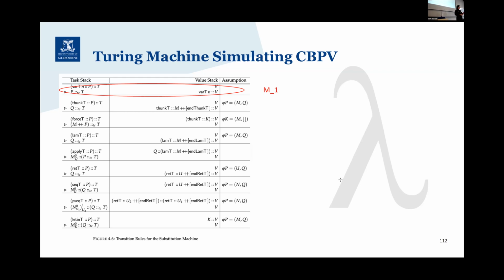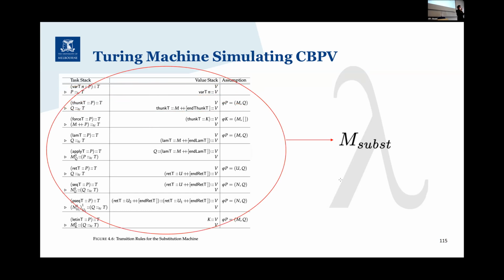Each reduction here can be represented by one Turing machine. So M1 here can be encoded as one Turing machine, and similarly we encode each reduction rule as a separate Turing machine. Then we can loop these machines to implement all the rules, and overall we have a Turing machine representing the substitution machine.